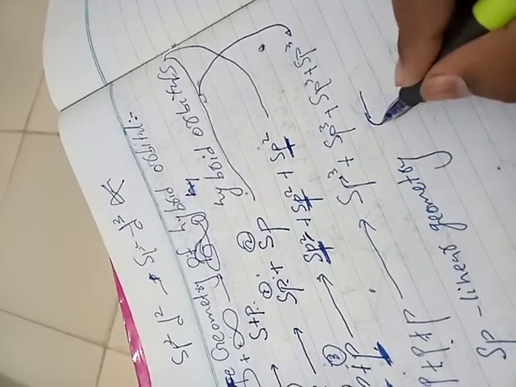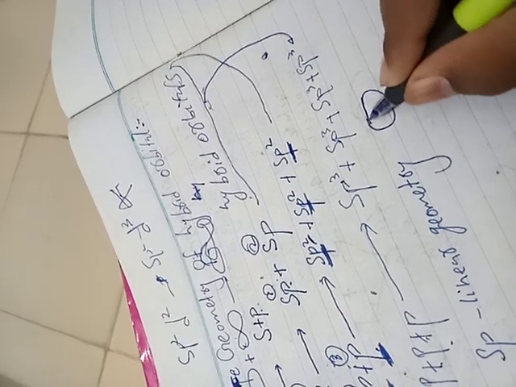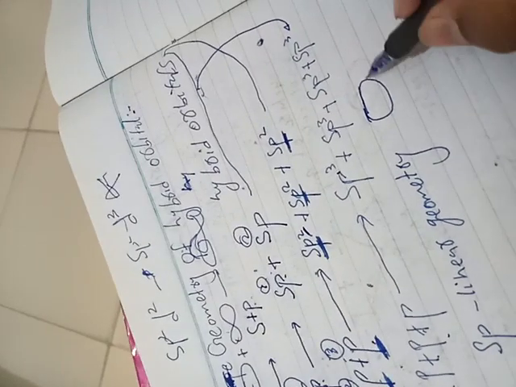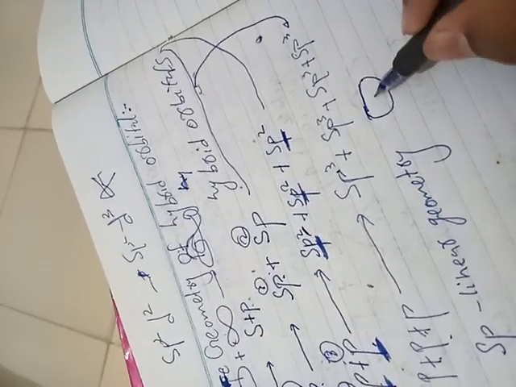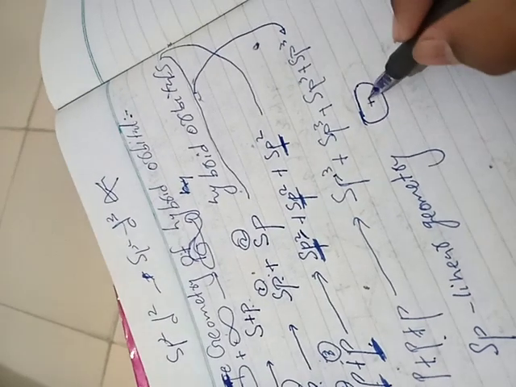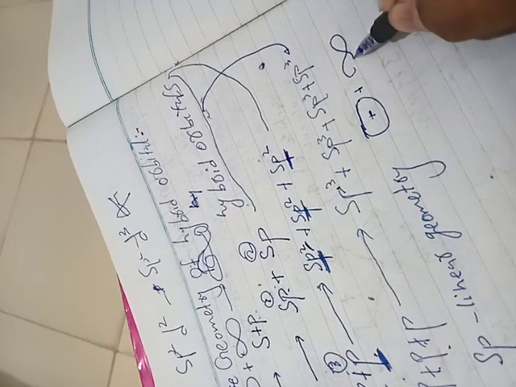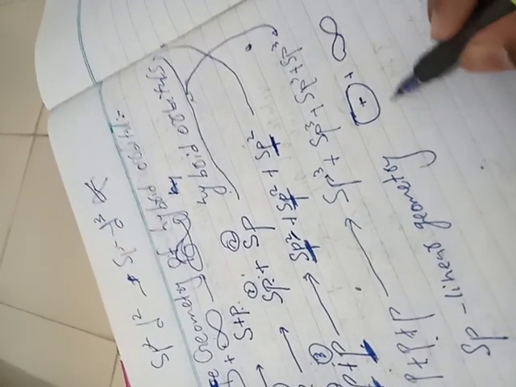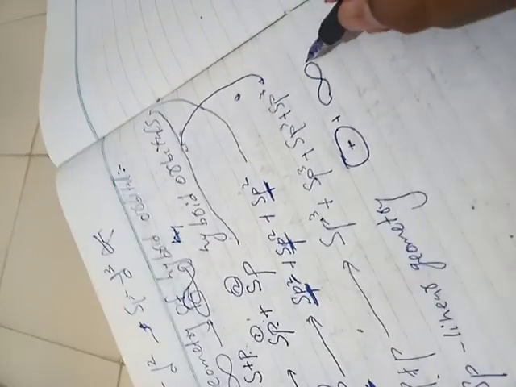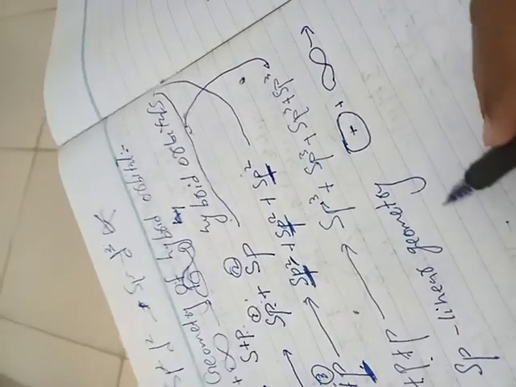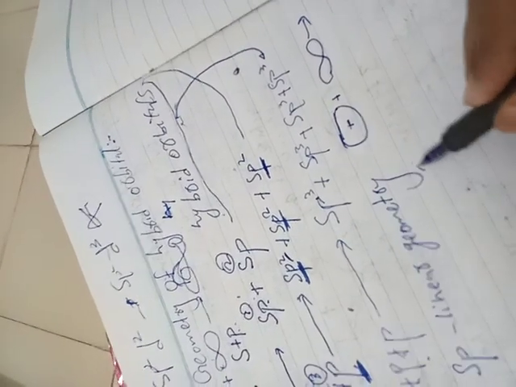This is a round shape, plus a P shape. The round shape has a positive charge. When they both react or mix, they will form like this.